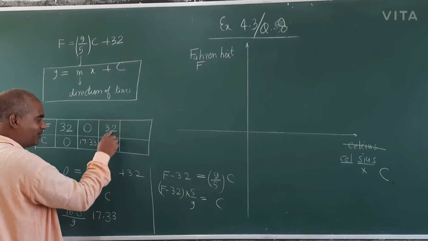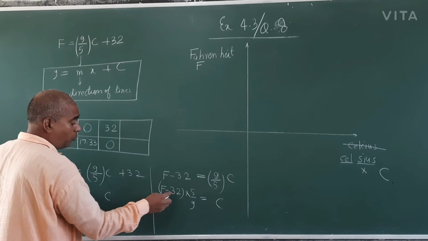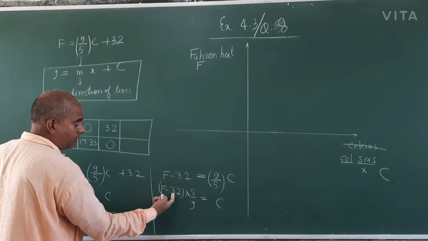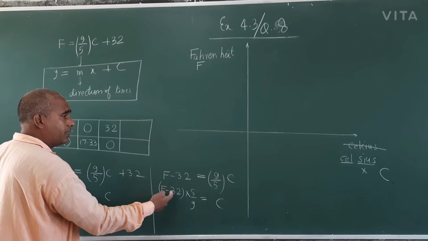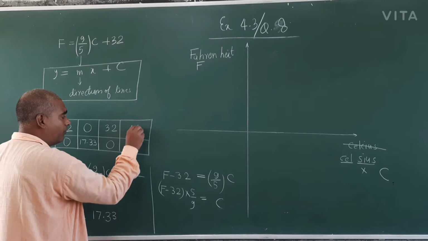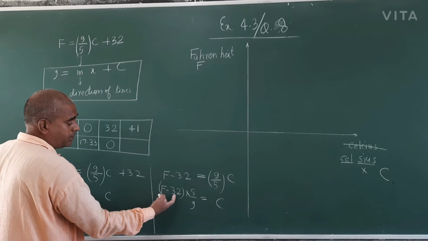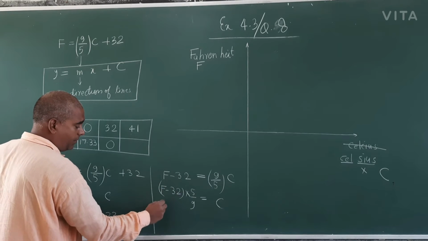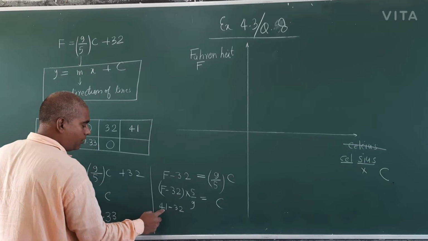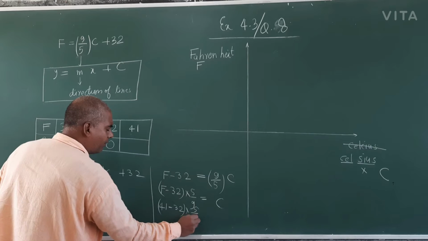Okay, it's no use. So take another 0 1 9, you may have 9. So 32 and plus 9 8 and 1. If you take F is equal to 41, then 41 minus 32 means 9. 9 divided by 9, just write here 41 minus 32, you will get 9, 5 upon 9.